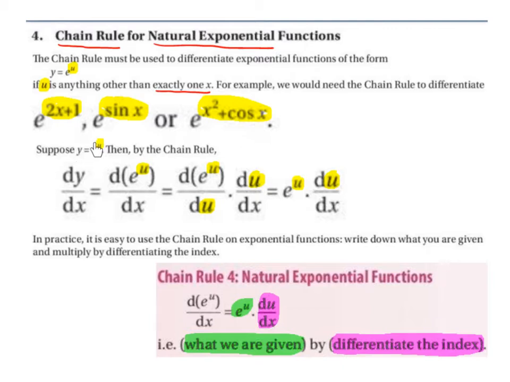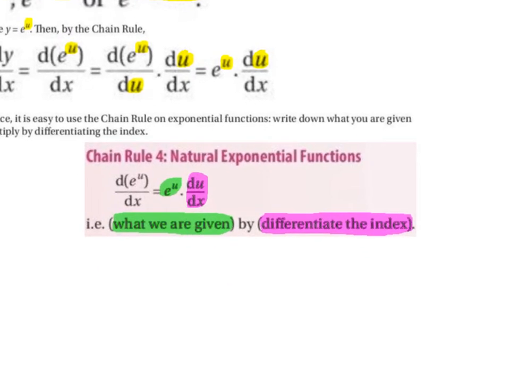Suppose y equals e to the power of u, then by the chain rule, dy dx equals d e to the power of u dx, which equals d e to the power of u du, multiplied by du dx, which is equal to e to the power of u times du dx. In practice, it is easy to use the chain rule on exponential functions. Write down what you're given and multiply by the derivative of the index.